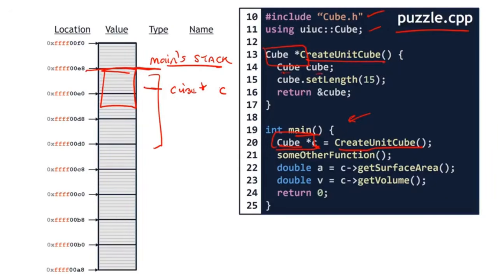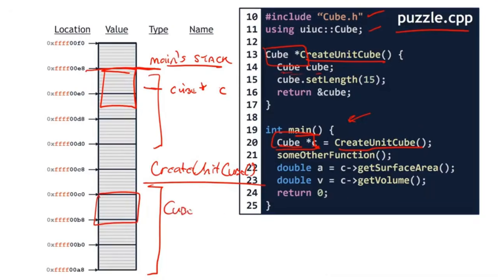So let's go ahead and create a createUnitCube stack frame. All of the memory associated with createUnitCube is going to go down here, further down in memory. And we create a cube called cube. The type is Cube. The variable name is cube. And this is a cube. We set its length to be 15. I'm going to just draw a 15 in the middle of the cube to note it's 15.